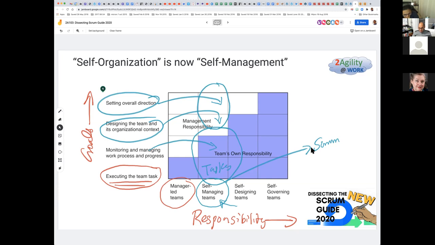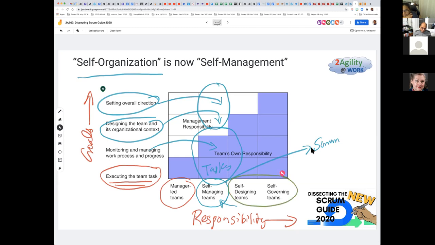Self-designing teams, which is what it was before, because it was self-organized, and self-organized could be either at the level of self-design or self-governing teams as well. So if you look at this, self-organized teams could be at these levels.